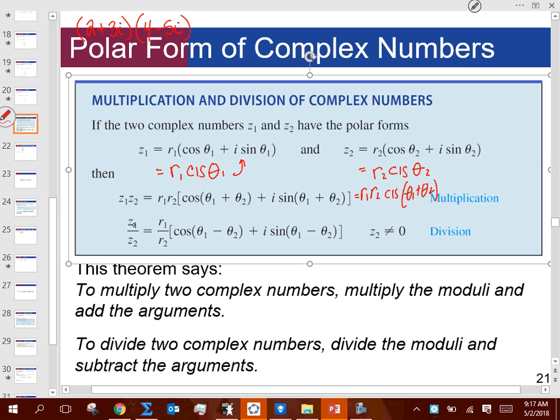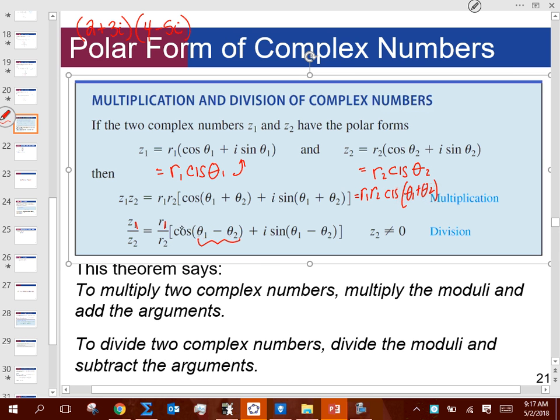Okay, these are all ones up top, 1, 1, okay? And then in the cis part, my thetas, I'm going to subtract them. And again, subtraction order matters, right? So you see the subscript 1 came first in z1 over z2. It came first in r1 over r2. It comes first in theta 1 minus theta 2.